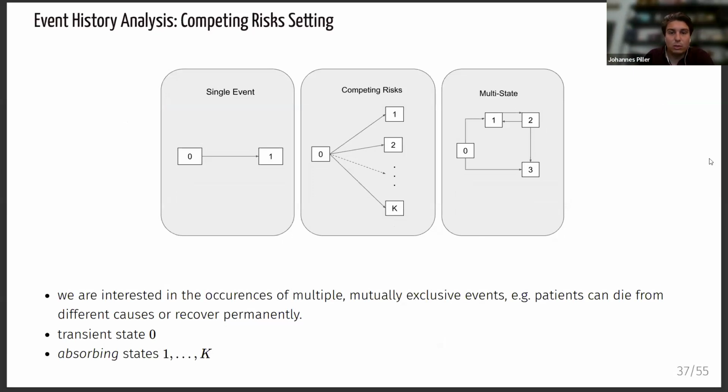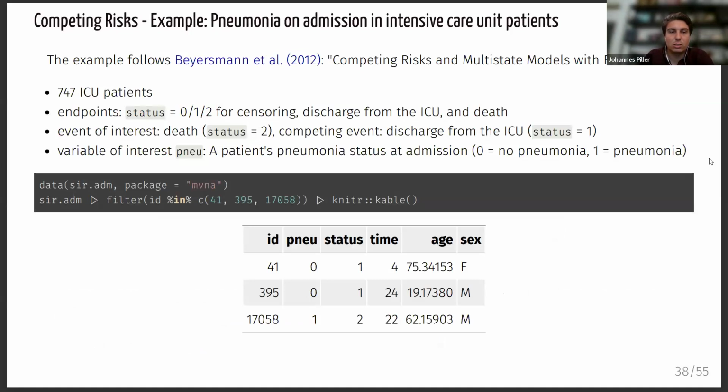In our example, we have not K risks, we have 2 risks. We have these ICU patients with either status 0 for censoring again, status 1 for discharge from the ICU, or status 2 for death. And as I told you before, either we see the death in our data, then the patient cannot be discharged from the ICU, or we see the discharge from the ICU, then we cannot see whether the patient dies or not.